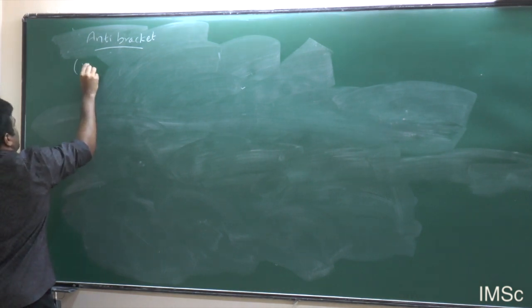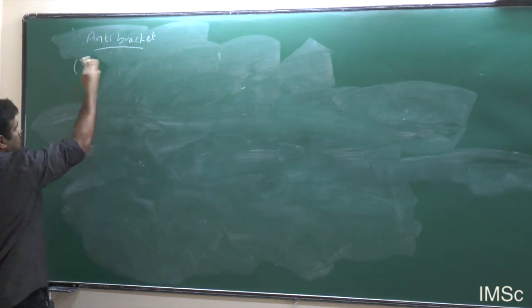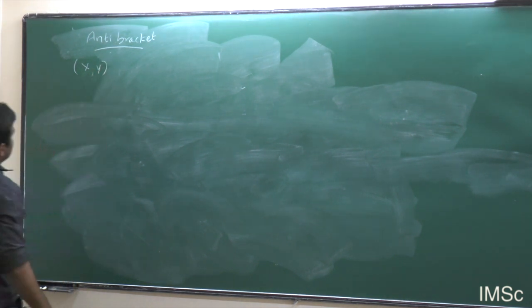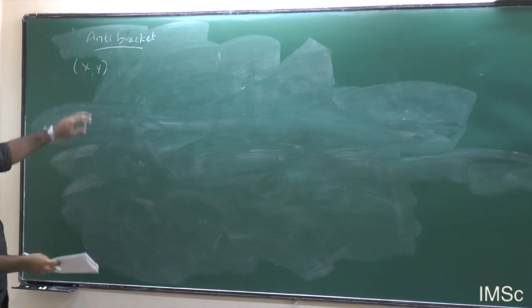Say you have a function X, which is a function of field and antifield, and then another function Y, which is again a functional of field and antifield.